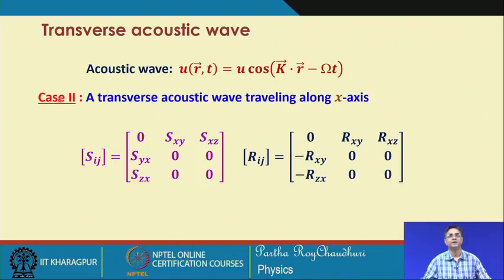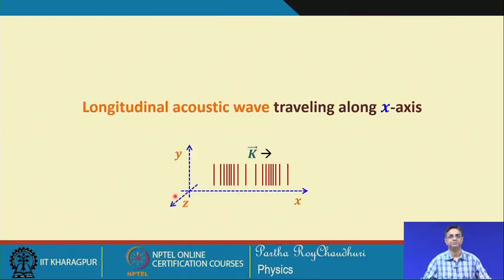So, in the case of a transverse acoustic wave, we can see that these elements S x y, S x z, S y z, S y x and S z x, and similarly these rotation elements, will be present to represent the acoustic wave's amplitude. Now we will see the specific case of a longitudinal acoustic wave.